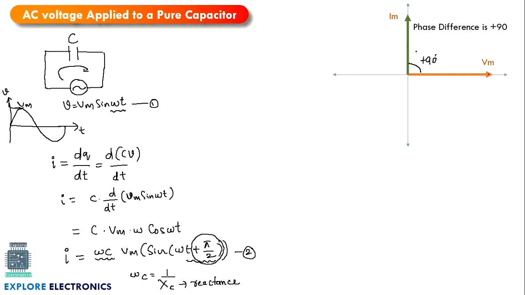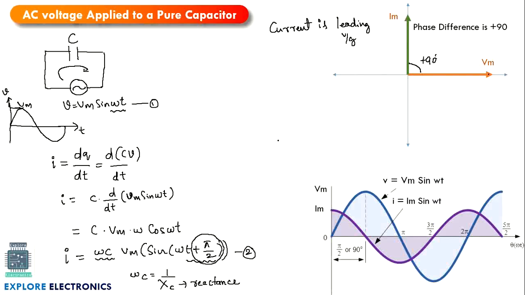Since it has plus 90 degrees with respect to voltage, the current is leading the voltage. In the previous case, in the inductor, we observed current lagging behind the voltage. Here current is leading the voltage.